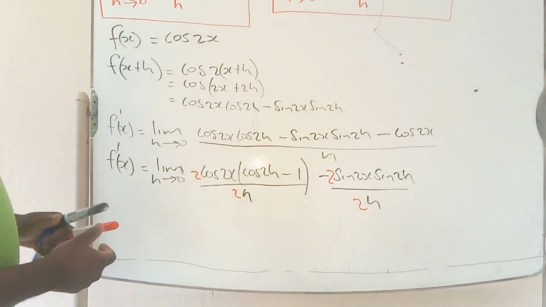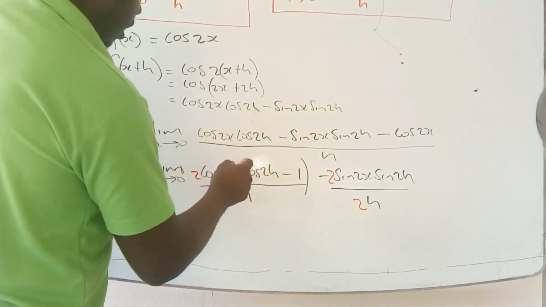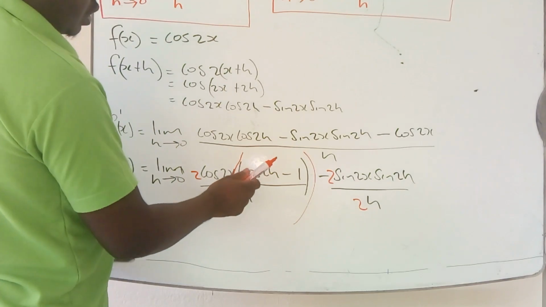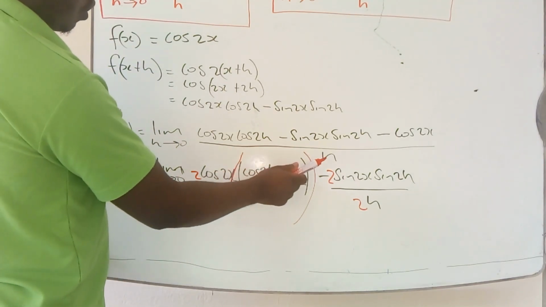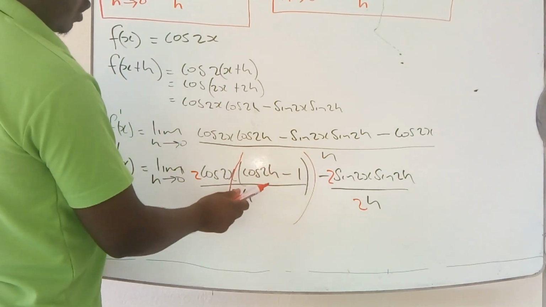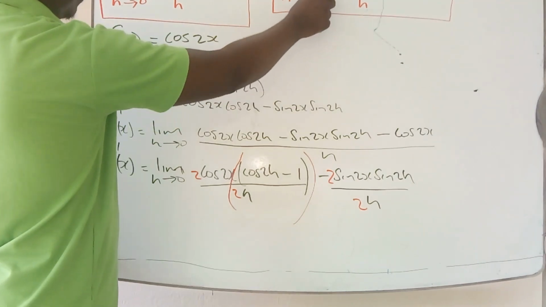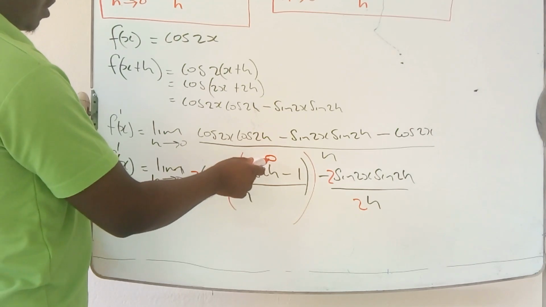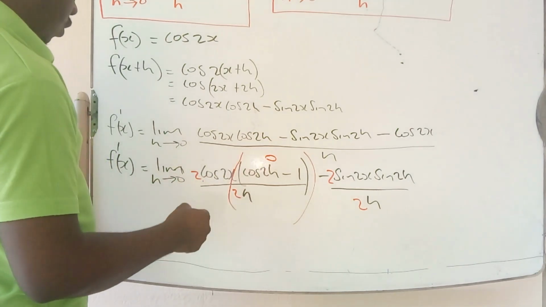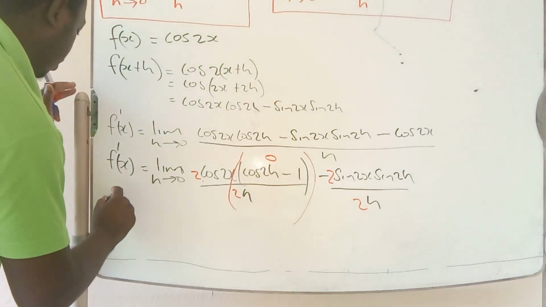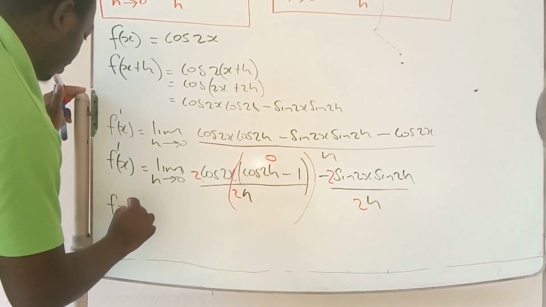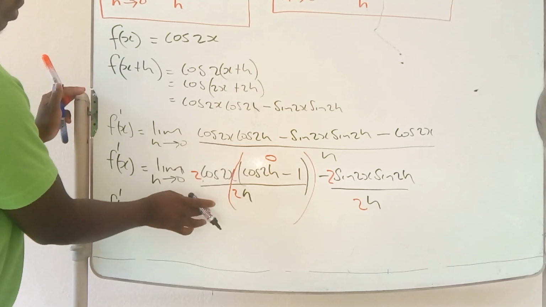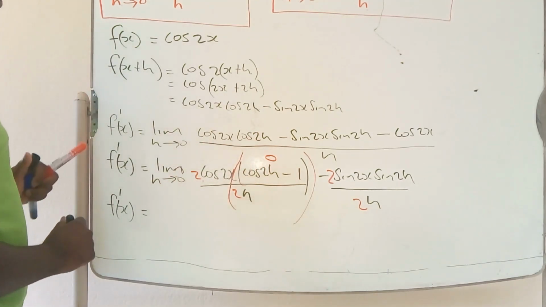Right? So we know that all of this part here, which is (cos 2h minus 1) over 2h, is this rule here, which is a 0. So we know that all of this is actually 0. And 0 times anything is 0. So we know our final answer is going to be the derivative of f of x is equal to, this is just 0, right? All of this term. So I'm not going to write that.